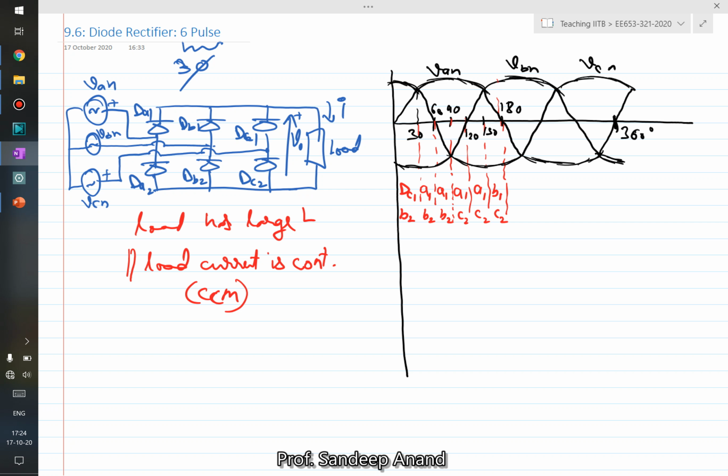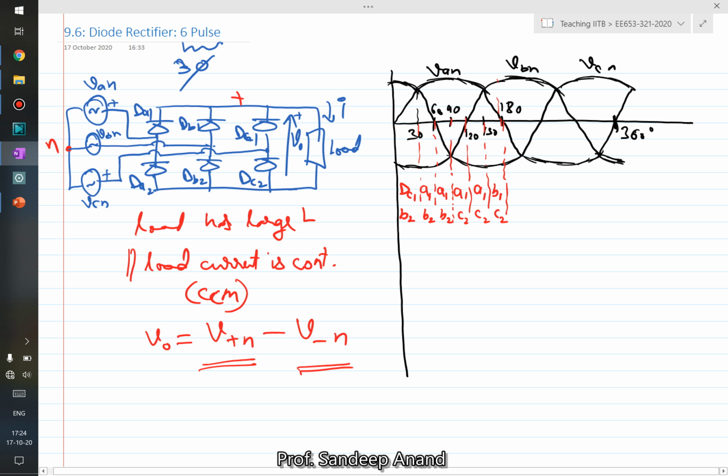Yeah. So once we decide on which diodes are conducting, then you can actually see the voltage. So what is voltage VO? VO is nothing but the voltage of the positive terminal with respect to the neutral minus voltage of the negative terminal with respect to the neutral, if this is neutral, right? So it's the difference of the positive and the negative voltage. So if you want to now draw what is VO, let me try to extend these.